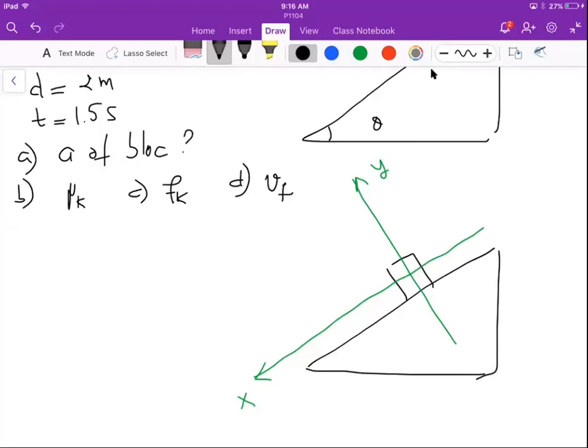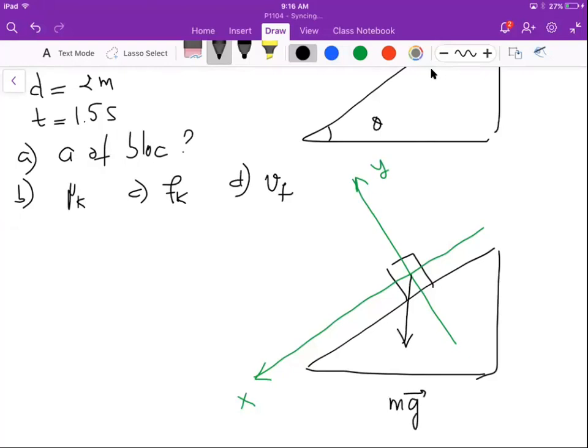So how can we determine the acceleration? Let me actually draw the forces acting on this block. So we have first the weight, right? This is mg.